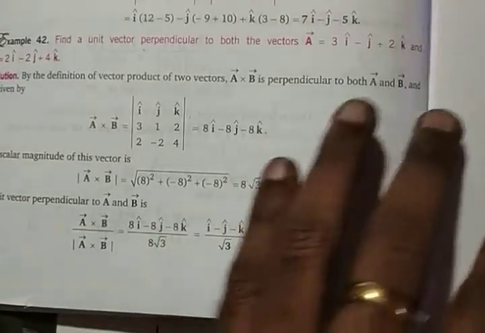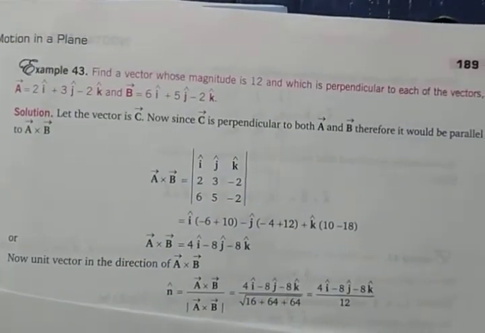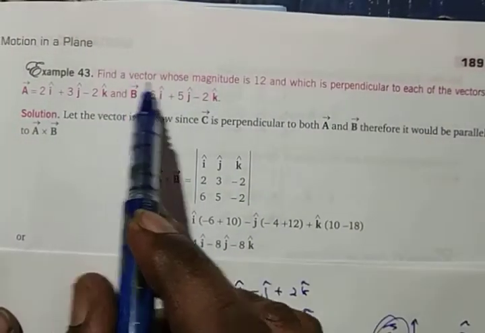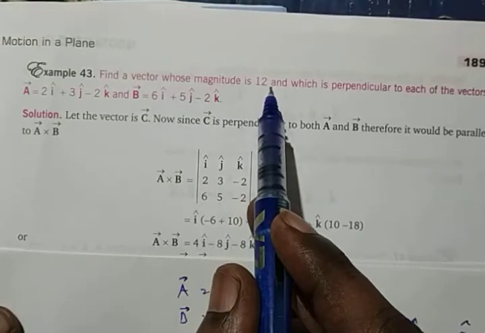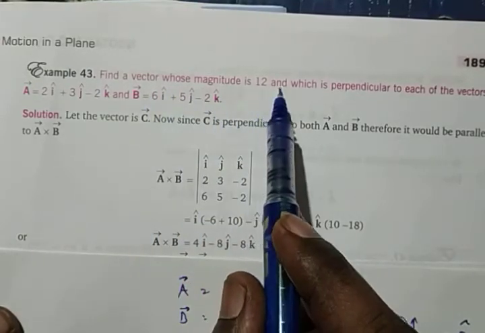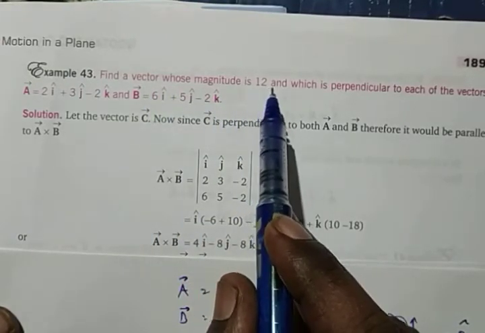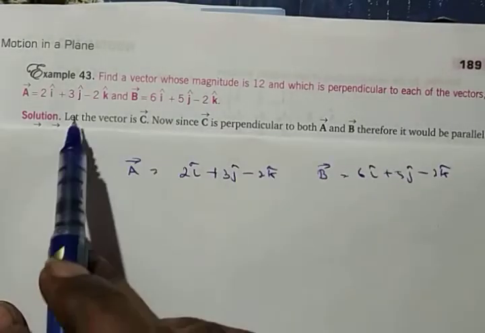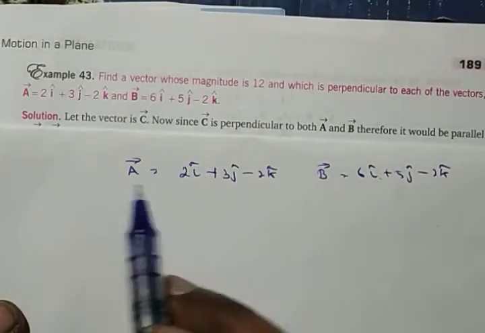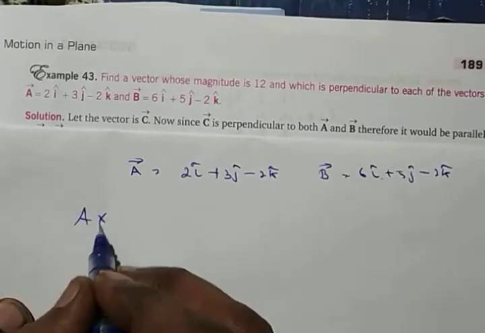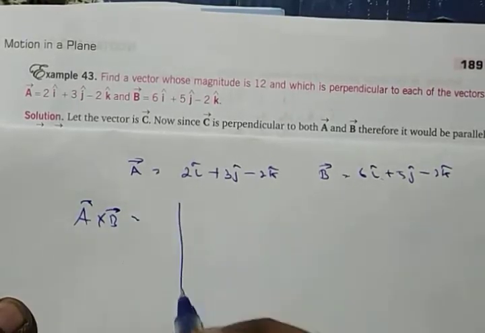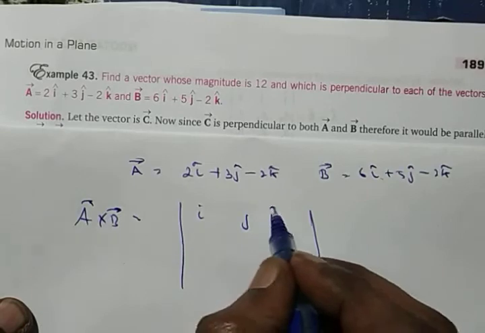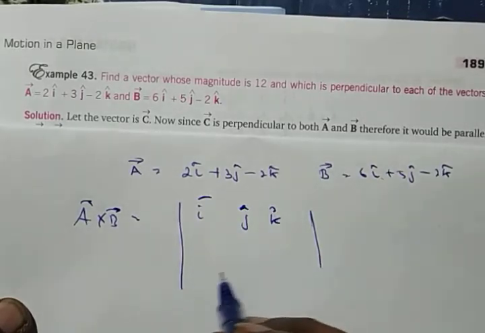I'll just refer you to this question, and please do this in your notebook. It is asked the same thing: find a vector whose magnitude is 12. Last time it was find the vector whose unit vector is asked. Now a magnitude of 12 is given, and the vector is perpendicular to both this vector A and B. So we need to find the perpendicular vector for both A and B. So we just do A cross B. Once you do A cross B, with i, j, k, you will get an answer.